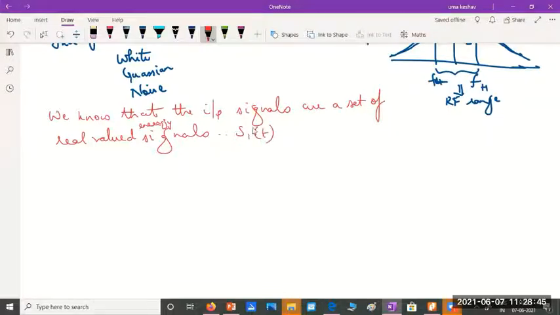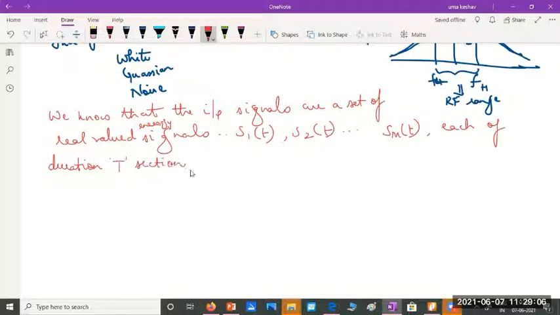Let's say Si of t, we wrote it as S1, S2, S3, so on, till Sm of t. And each of these will be of duration capital T seconds. The time period of each signal we always consider as capital T seconds.